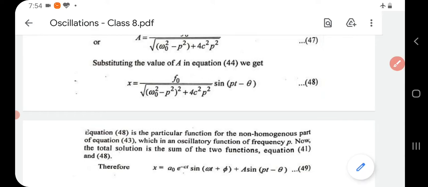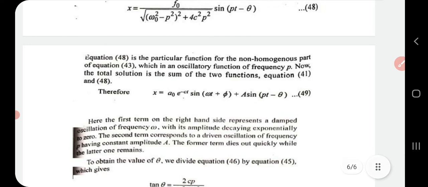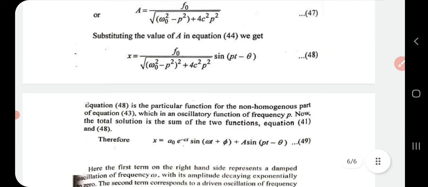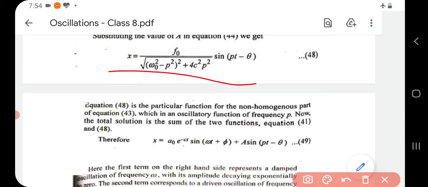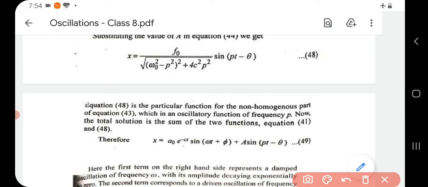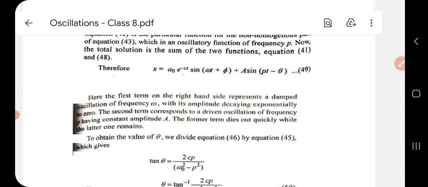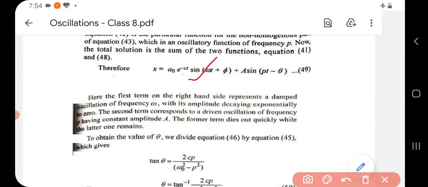So the total solution is given by x equal to a0 e raised to minus ct sin(omega t plus phi) plus a sin(pt minus theta). After writing this, you write the sentence, the total solution of the function is given by this one, and give it an equation number. Now the first term on the RHS represents what?